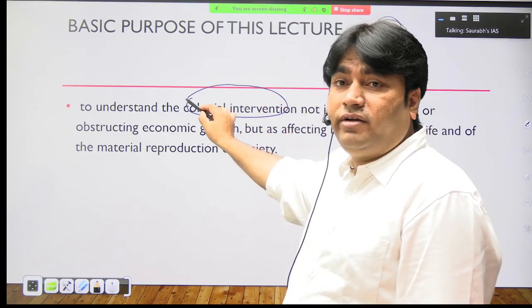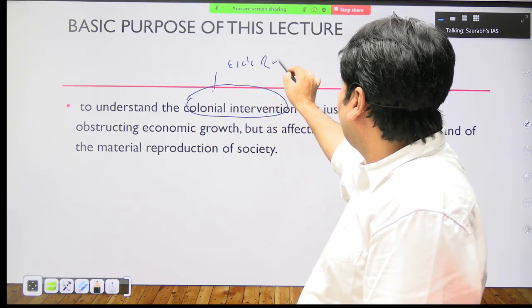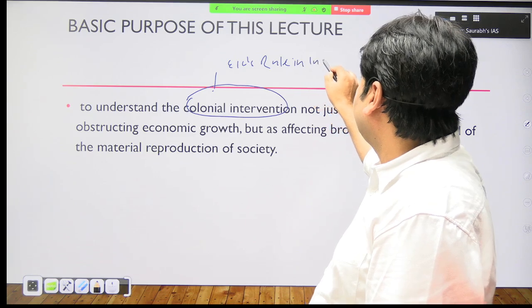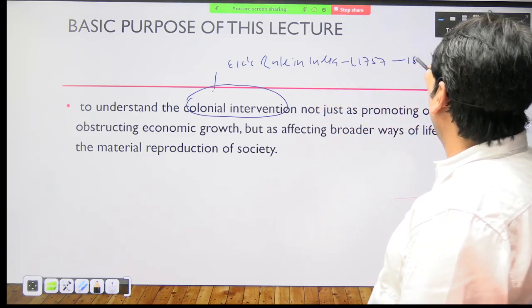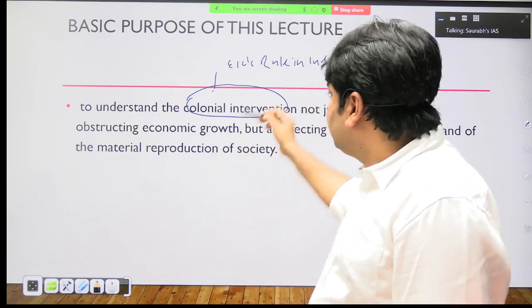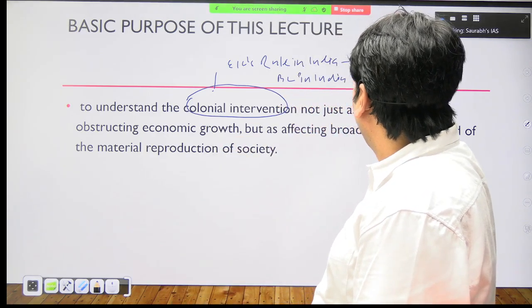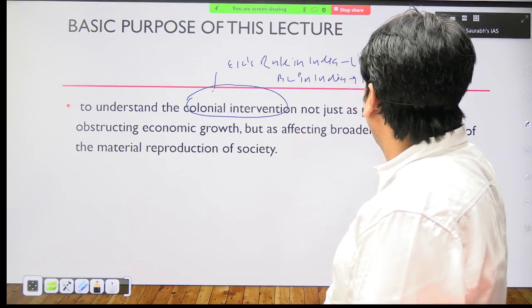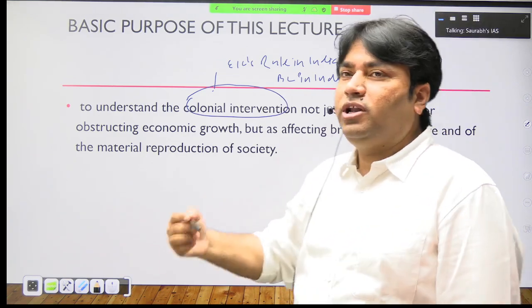What is colonial intervention? EIC's rule in India, 1757 to 1858, was colonial intervention. British Crown rule in India, 1858 to 1947, was also colonial intervention.